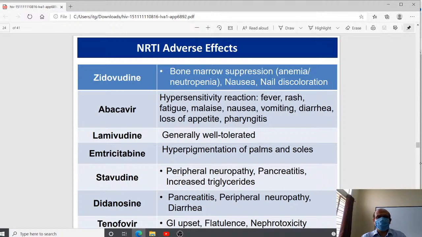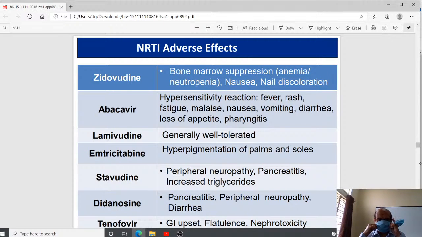Lamivudine is generally well tolerated. Emtricitabine, hyperpigmentation of palms and soles can happen.